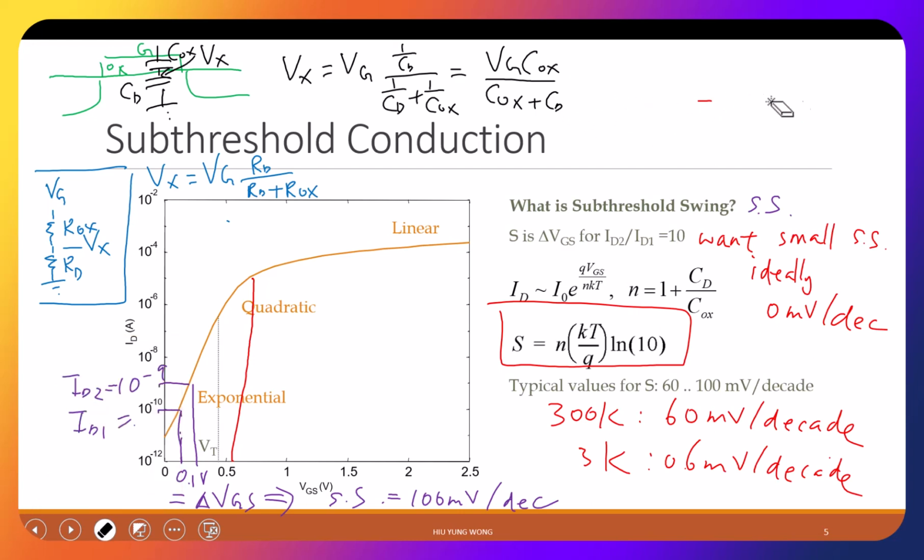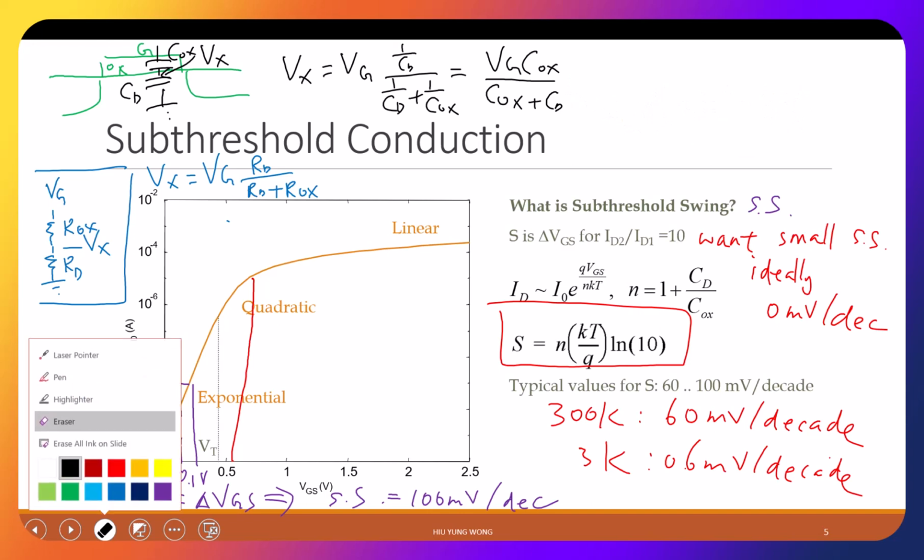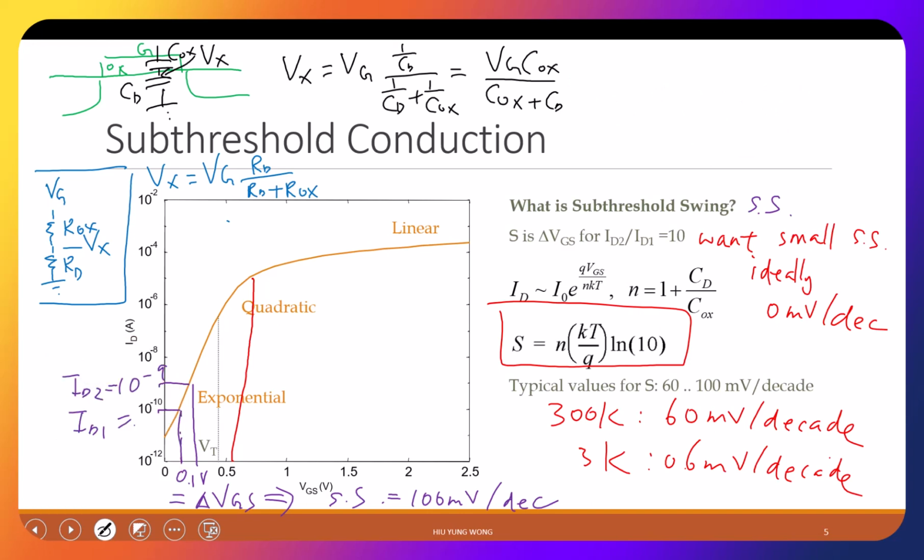I think you guys know that now, right? Then what does it mean? It means that Vg divided by Vx is equal to Cox plus CD divided by Cox, which is equal to 1 plus CD divided by Cox.